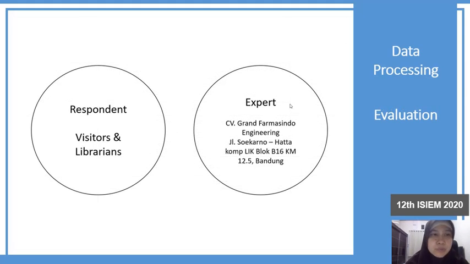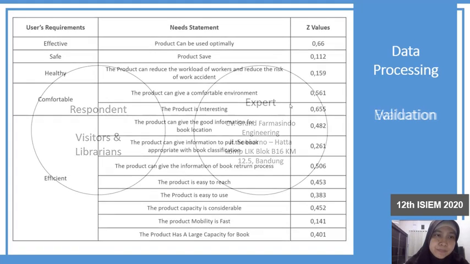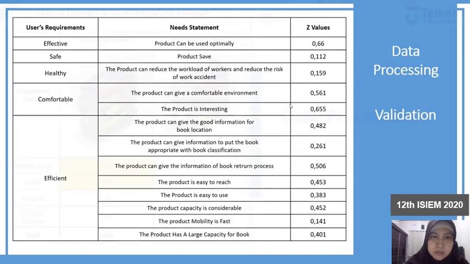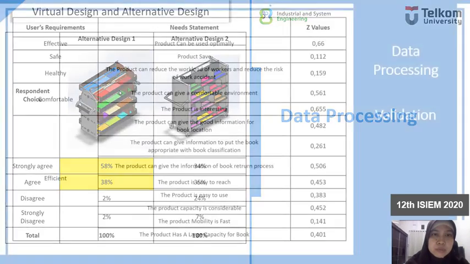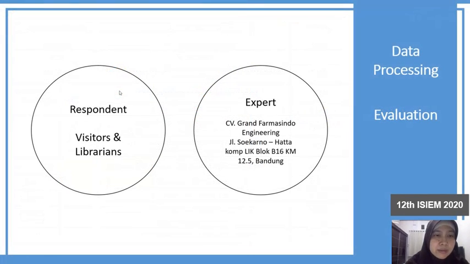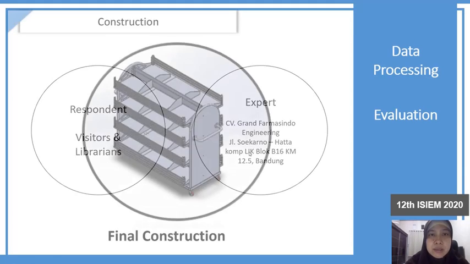From there, after we do the data processing, we give this alternative design to the respondent, and then the visitor and the librarian, and then we give it to the expert. We choose CV Grand Parmasindo Engineering in Jalan Soekarno-Hatta to do the evaluation of the design.